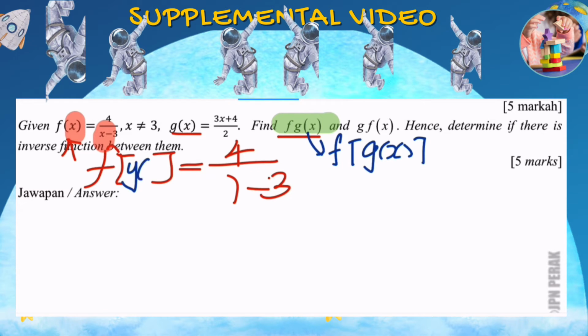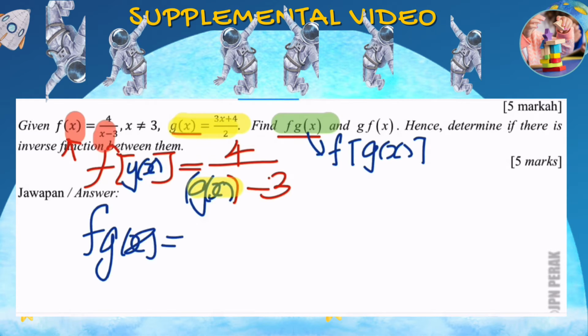Then we will substitute the function g(x) into the right hand side. For f(g(x)), we remain f(g(x)), don't do anything, but for the right hand side we will substitute the g(x) which was given, 4 over x.